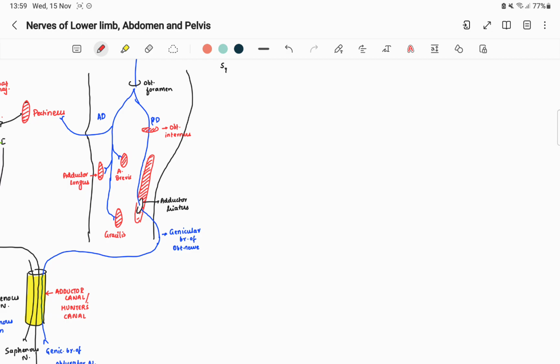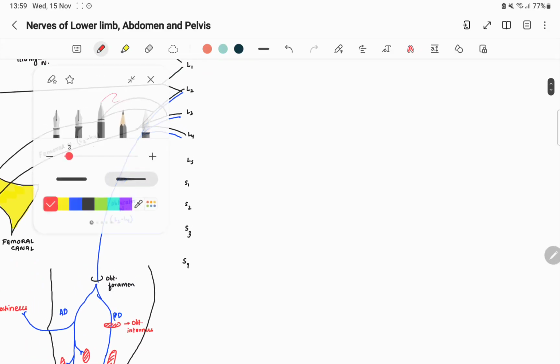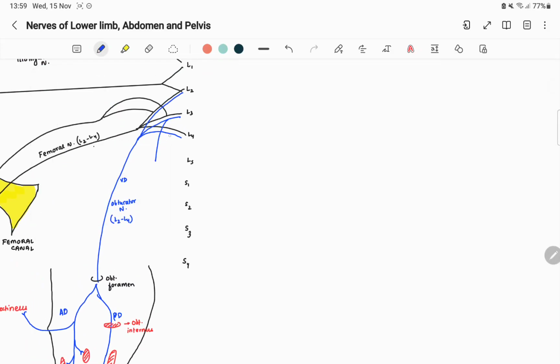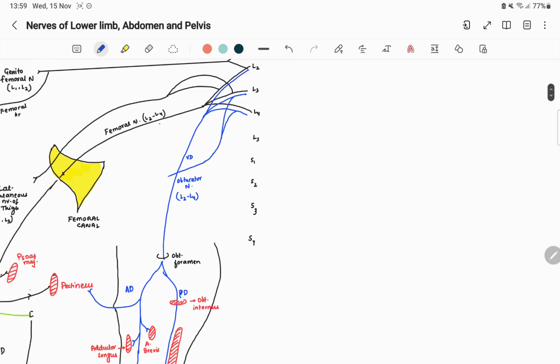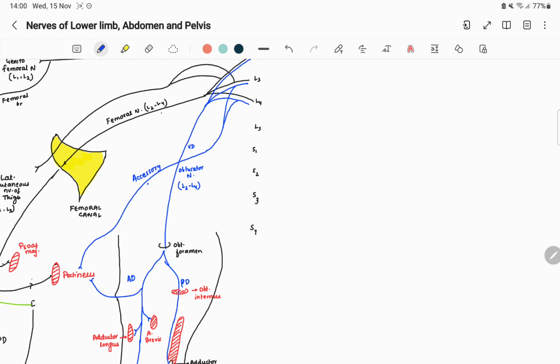Another thing I want to remark on: there is an accessory obturator nerve arising from the L3 and L4 divisions, which also supplies the pectineus. This is the accessory obturator nerve, and it goes in front of the superior ramus of the pubic bone.